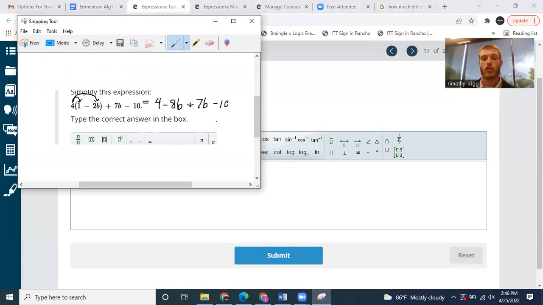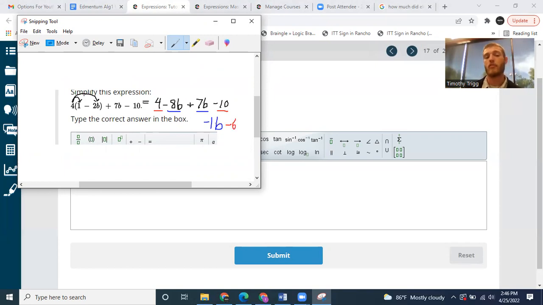Let's go and combine like terms. So we can combine this negative 8b with this positive 7b. And you just add or subtract the coefficients like normal. So negative 8 plus 7, well, that's negative 1, but you keep the b. So negative 1b. And we can combine these constants. So this constant 4 and this constant negative 10, 4 plus negative 10, well, that's negative 6.